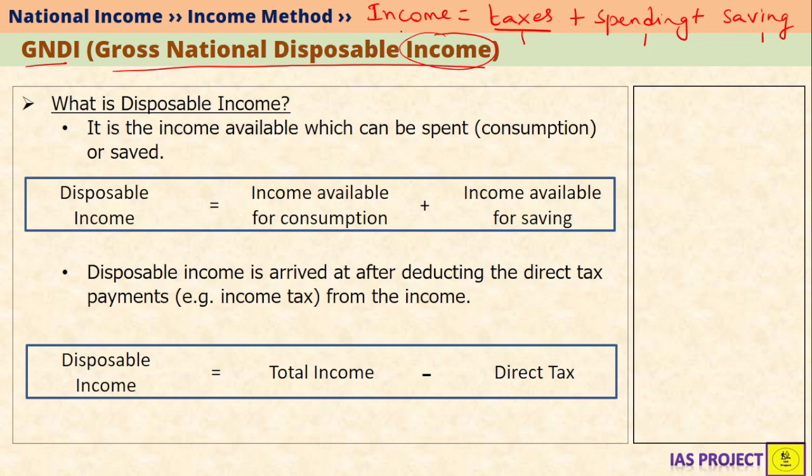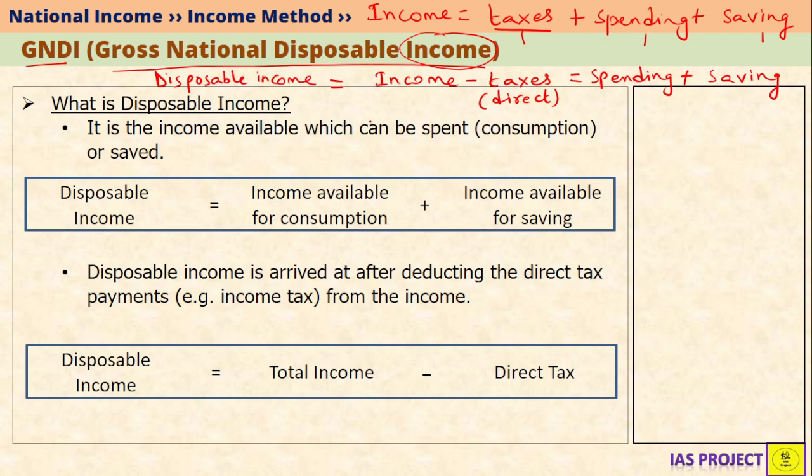I can also write this equation as income minus taxes. When I write taxes here, I mean direct taxes, that is income tax or wealth tax and those kinds of taxes. I can write this equation as income minus taxes equals spending plus saving. Now, these two components, income minus taxes or spending plus saving, are simply called the disposable income of that individual.